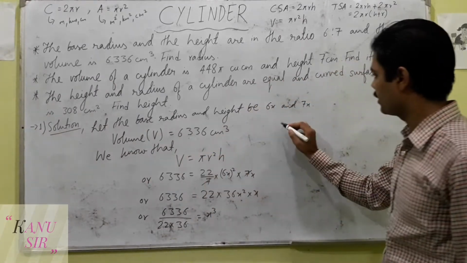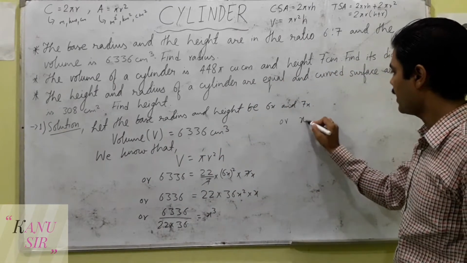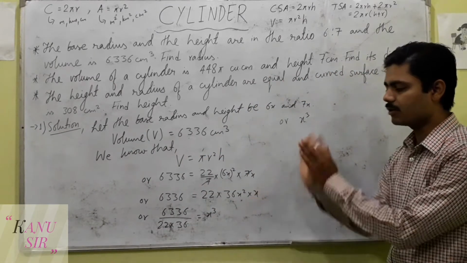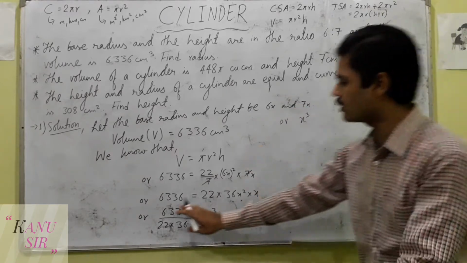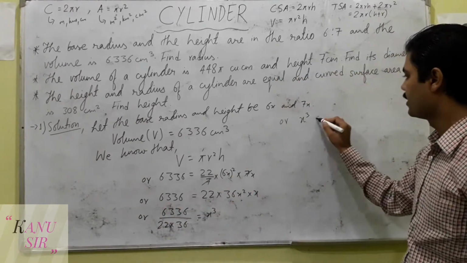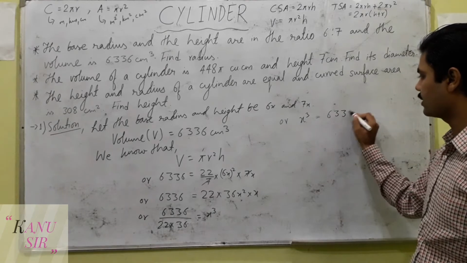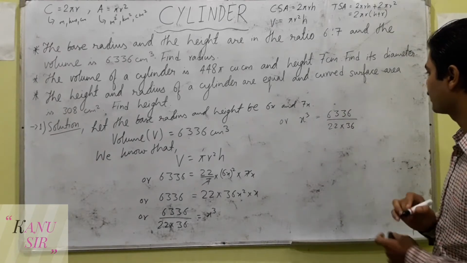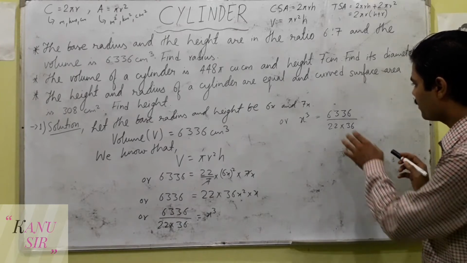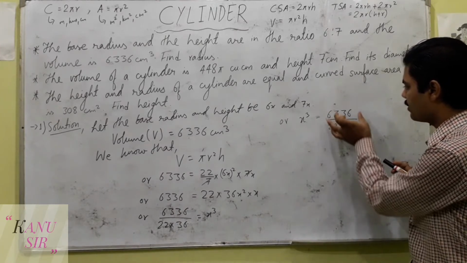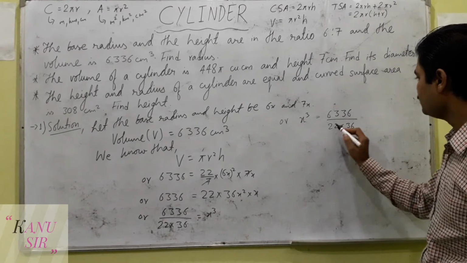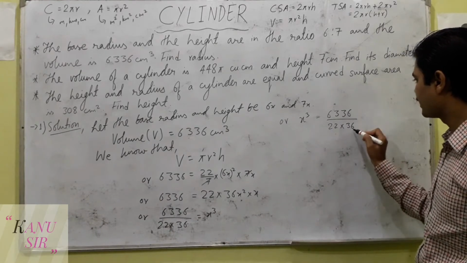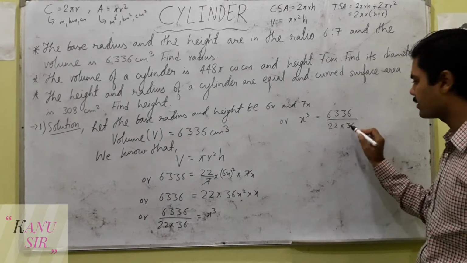Now we can put x cube in the left hand side and other terms in the right hand side. x cube equals 6336 divided by 22 and 36. You can check whether they can be divided or not. 6 and 6 here, 36 and 36.